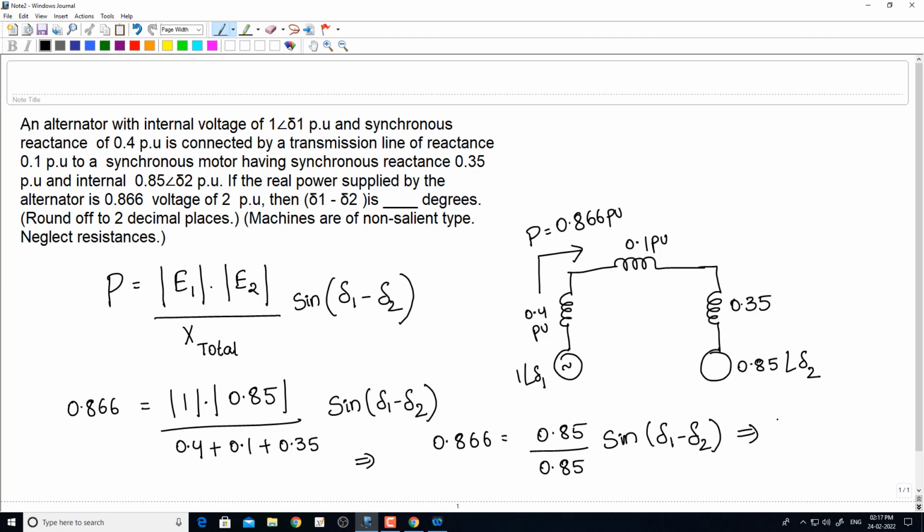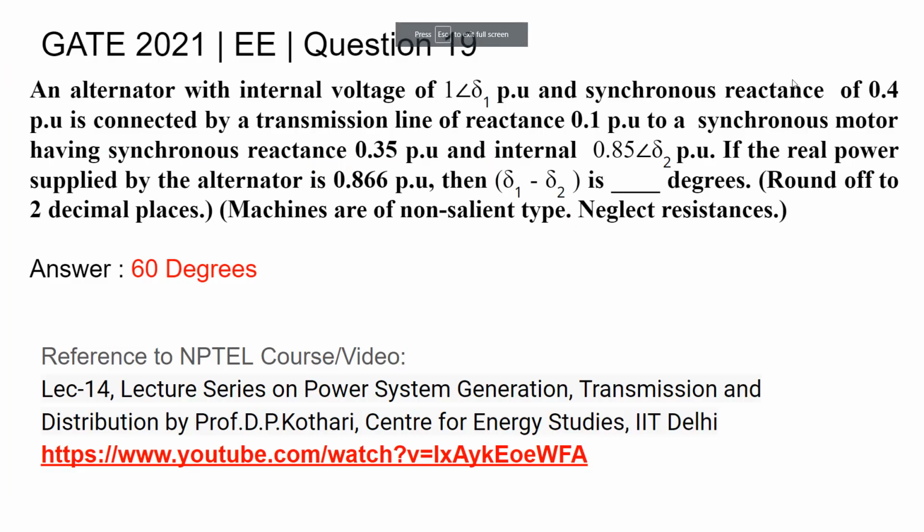This implies sine of delta 1 minus delta 2 is equal to 0.866. From this, delta 1 minus delta 2 is equal to 60 degrees. So, the angular difference, that is delta 1 minus delta 2, is 60 degrees. Thank you.